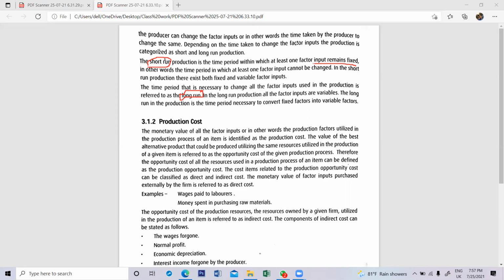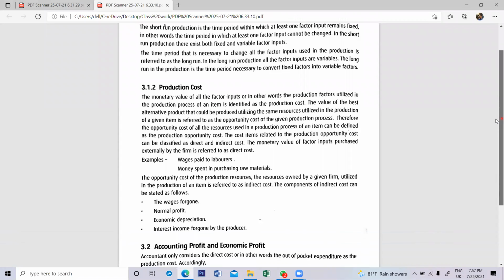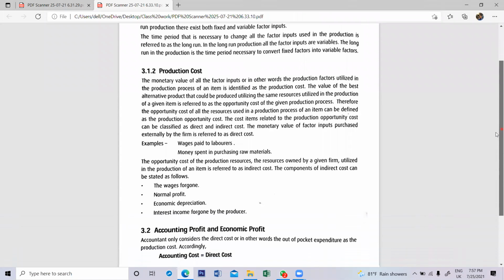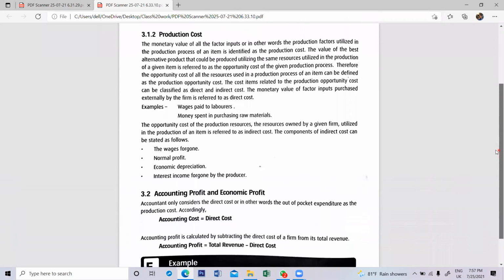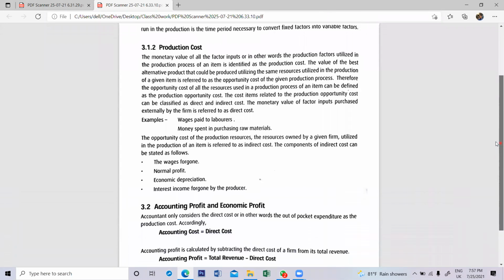So after discussing the difference between short run and long run, we just start production cost. Especially we start production cost by using two words here.